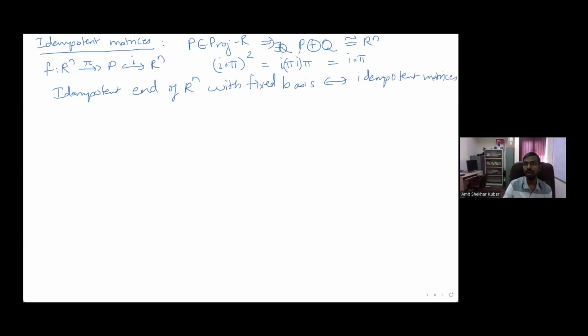So if we fix a basis, idempotent matrices. Now currently, what is the problem here? A fixed basis. However, if I choose a different basis, then I will get a different matrix.